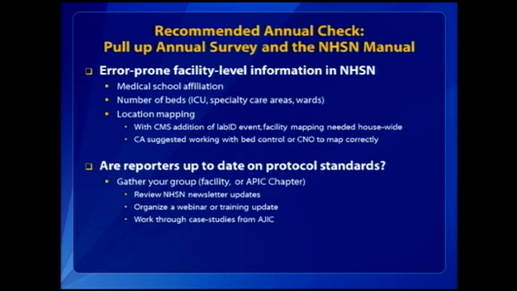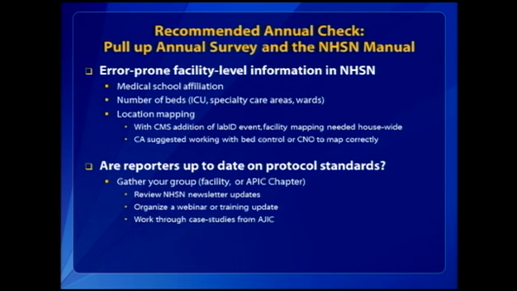So to drill down on the annual check, we know that there are error-prone data in NHSN that you could look at during your annual check, including the medical school affiliation. Make sure you know the NHSN definition of major medical school affiliation versus the lesser levels of that.